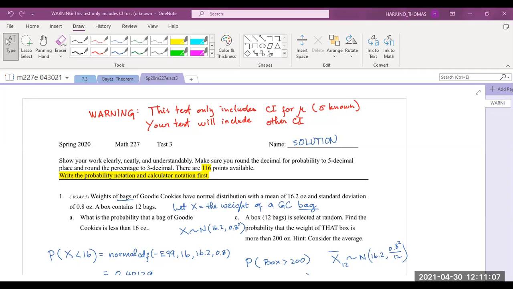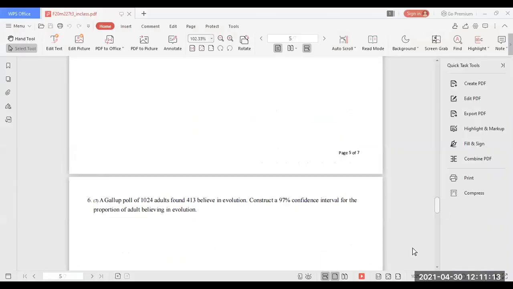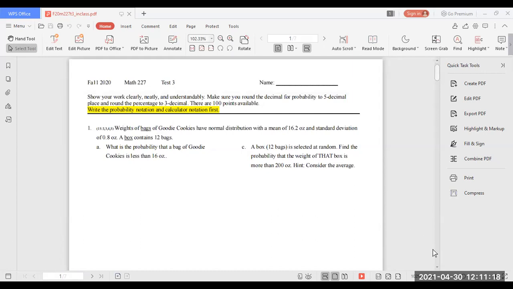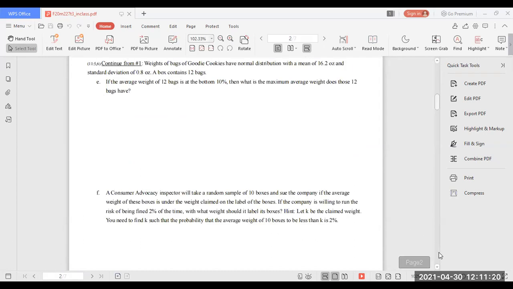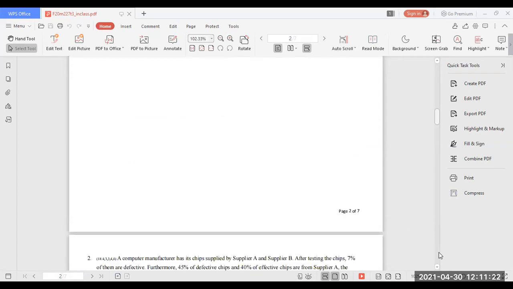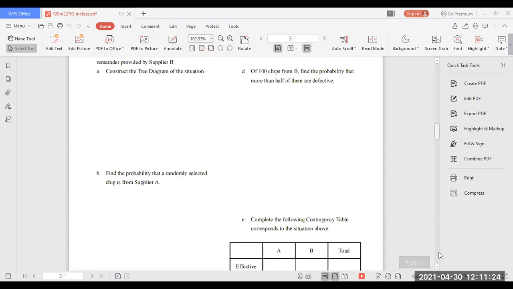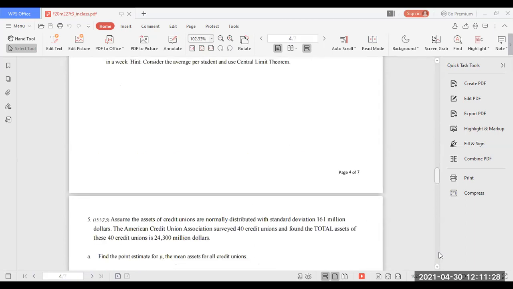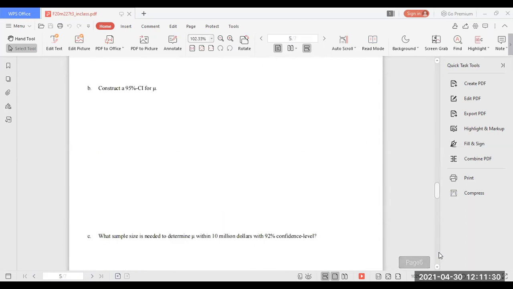Now, Fall 20 tests, let me show you. Your test, the one I went over just now, is the same on the first page, the second page, the third page, the fourth page, and the fifth page also.